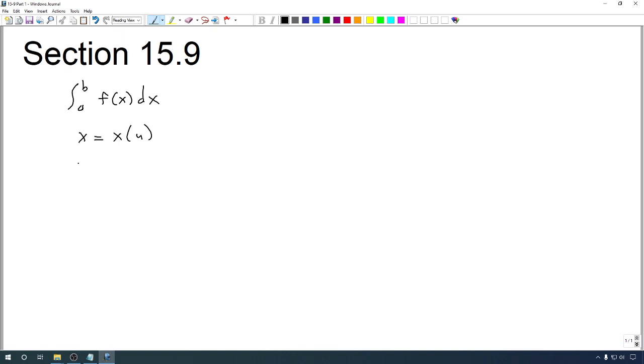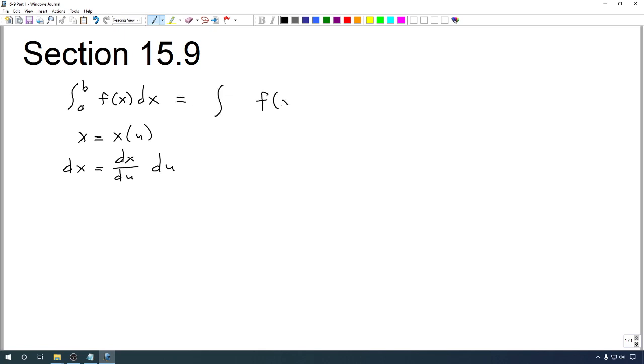What we then do is differentiate this. This is a function of u, so we can differentiate with respect to u, and we get the derivative dx du. Of course, we normally would write this as dx equals that derivative times du. Then we replace the x in here with x of u, and we replace the dx with the derivative times du.